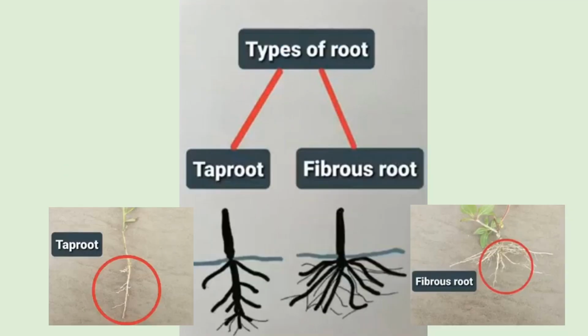Next, types of root. There are two types of root, taproot and fibrous root. This is taproot and this is fibrous root. I hope you still remember all the characteristics of different parts of the plants.